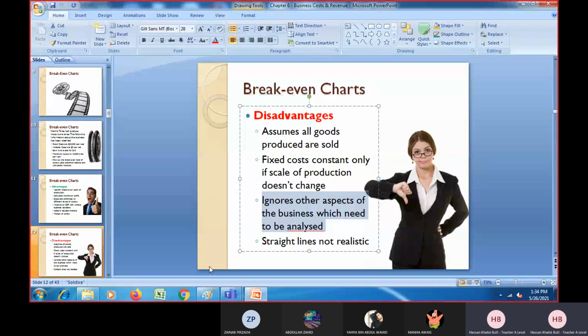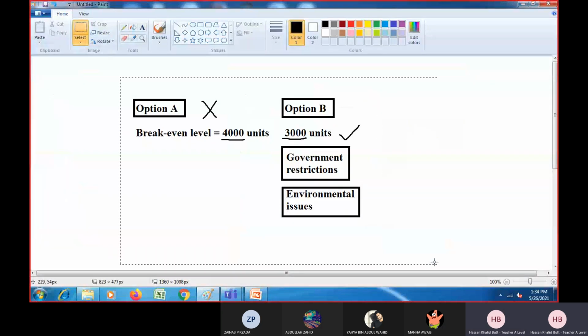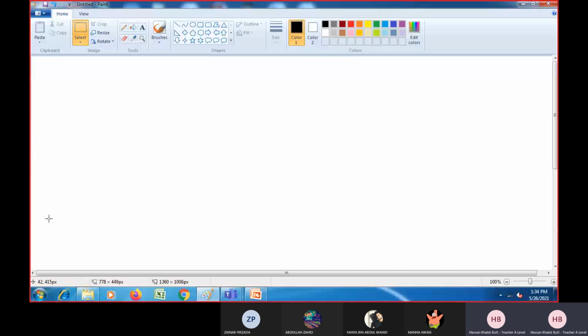Right. Now, straight lines are not realistic. Again, let me tell you about that as well. Actually, it is studied in A level, but because there is a disadvantage, we need to get to know about it to some extent.